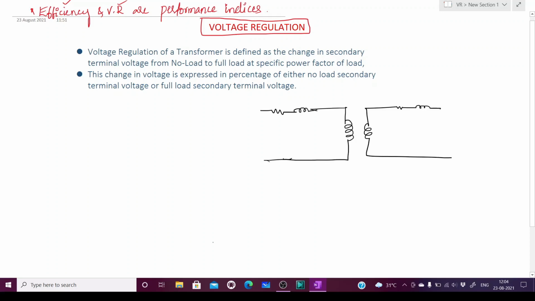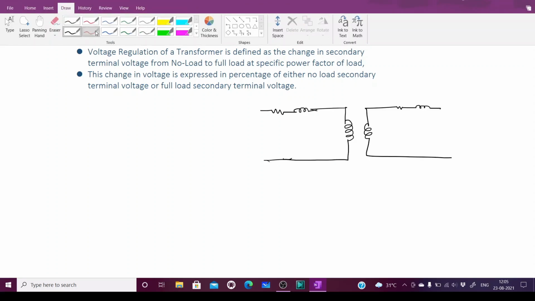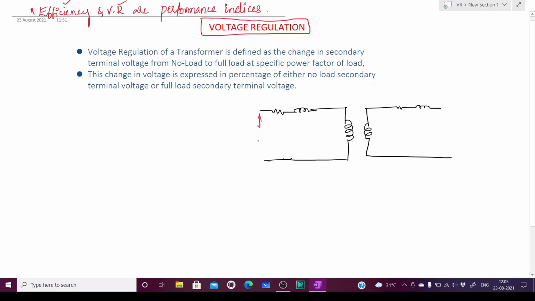So here we have a transformer. We apply single phase AC voltage to the primary of the transformer. The primary circuit has resistance and leakage reactance. When we apply a voltage, current will flow, and due to the interaction of flux and the primary winding, EMF will be induced on the primary winding with N1 turns.